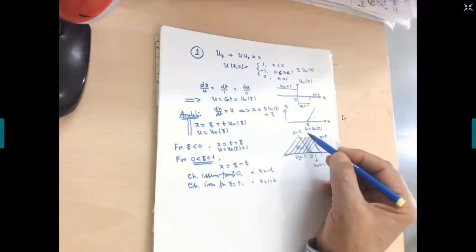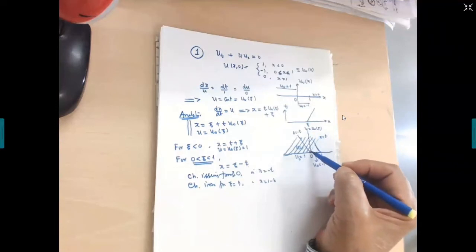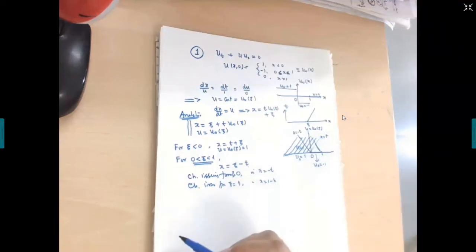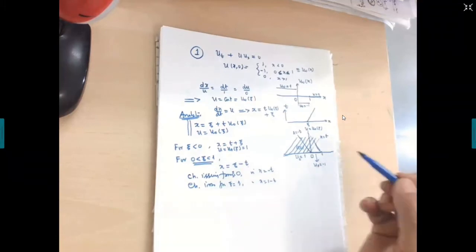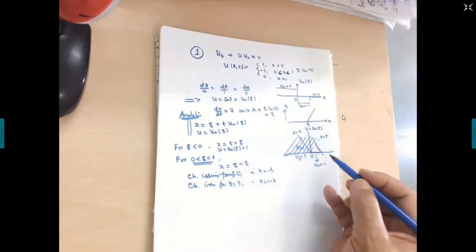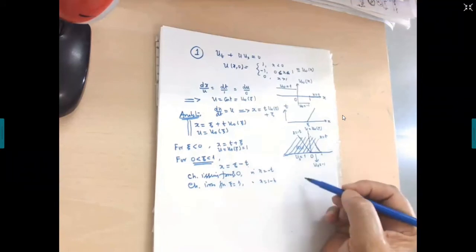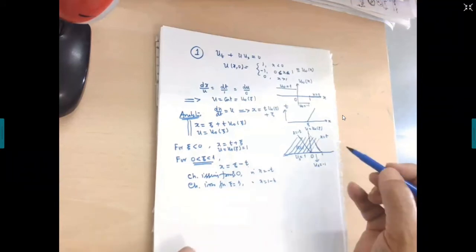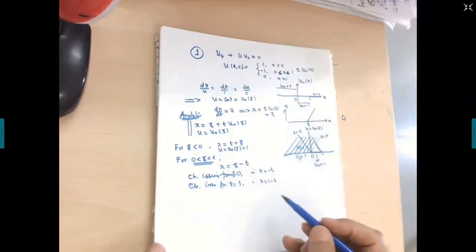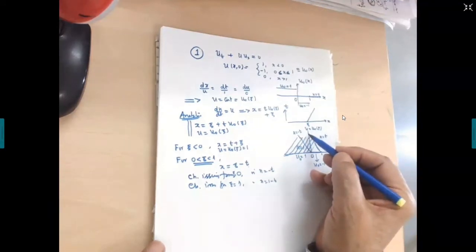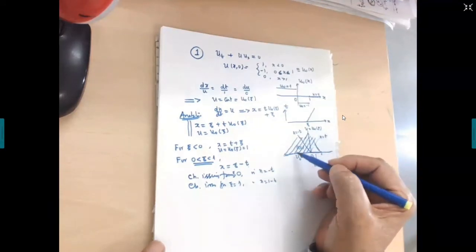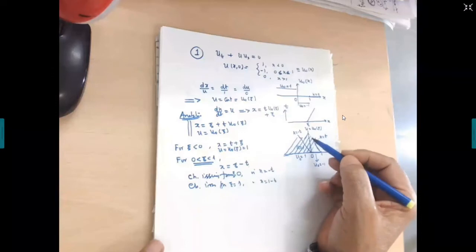This characteristic is going to intersect the line x is equal to 0 somewhere. Let me write this characteristic. At t equal to 1, it is going to intersect this line. Okay, very nice. These are the characteristics issuing from this part.